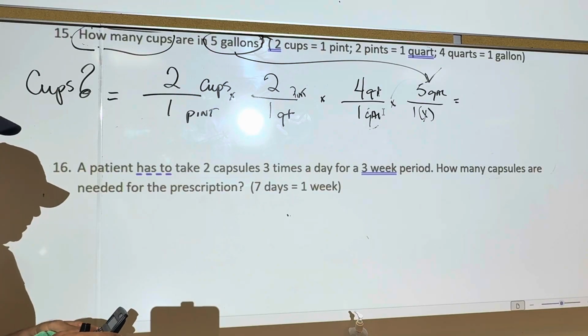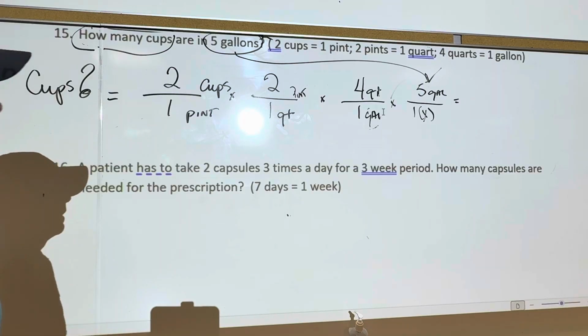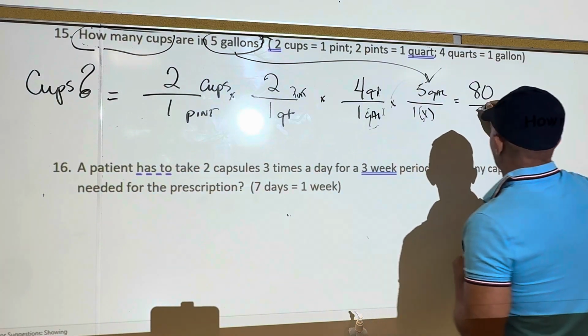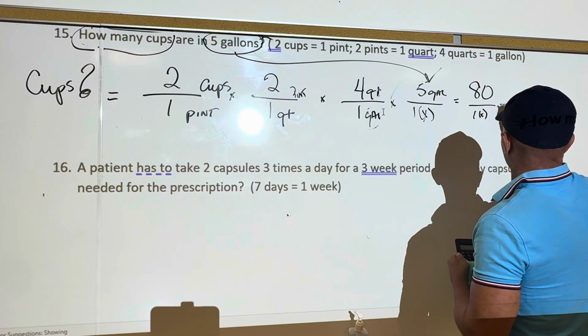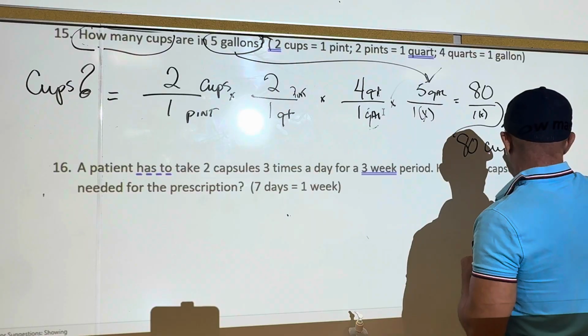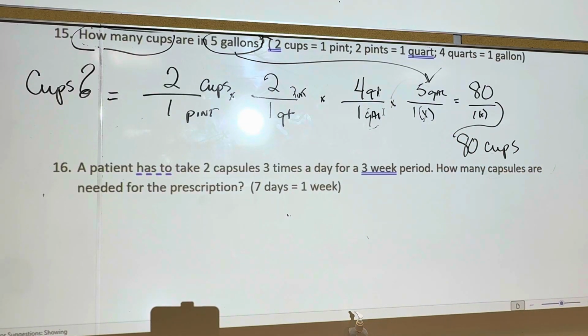No, kidding. 2 times 2 times 4 times 5 equals 80. Over 1, or x, gives you 80 cups. Okay?